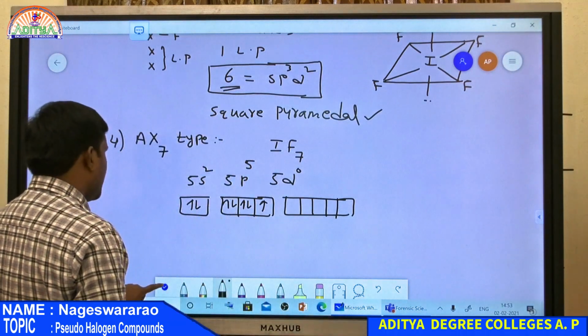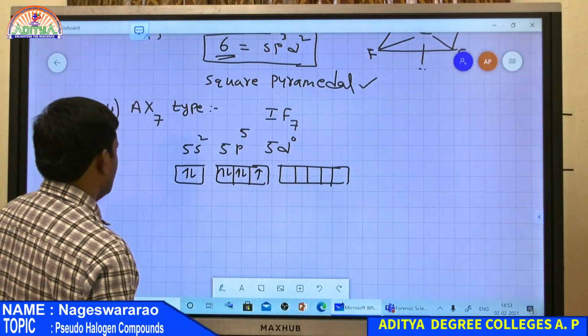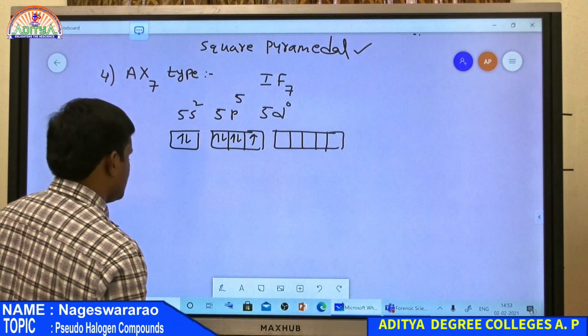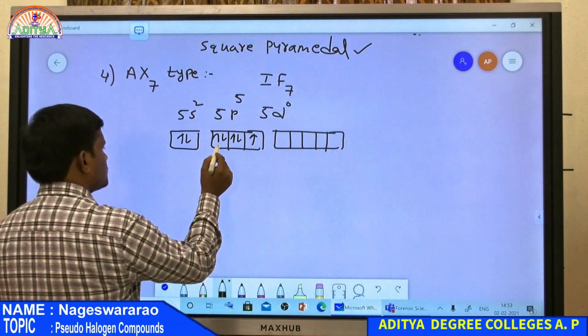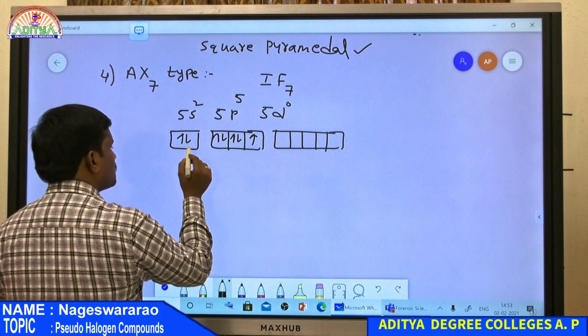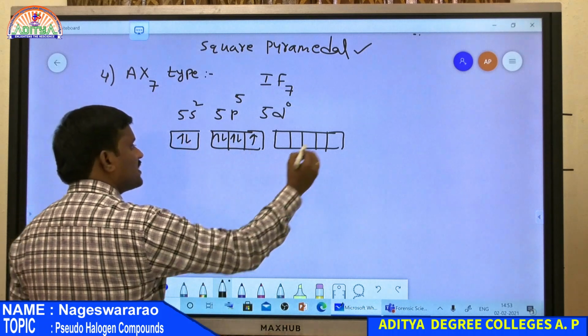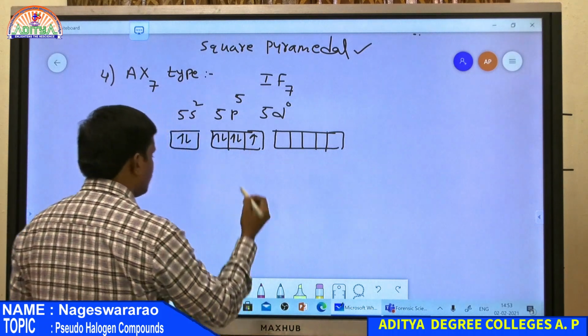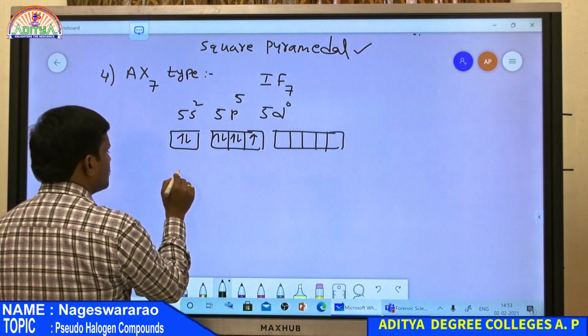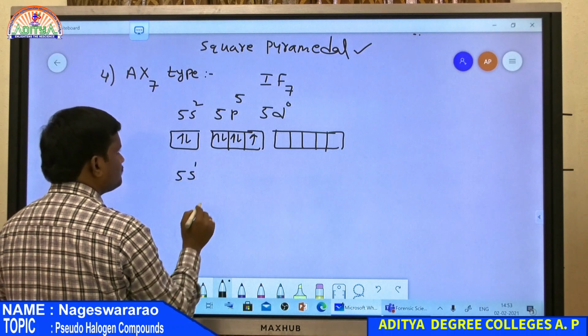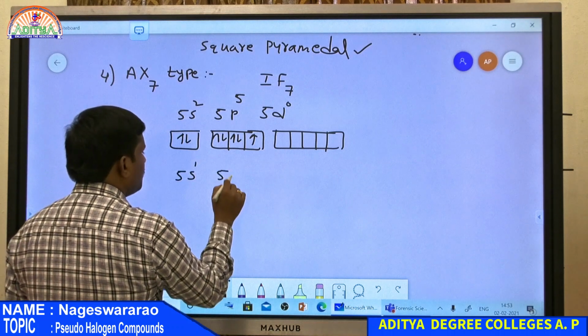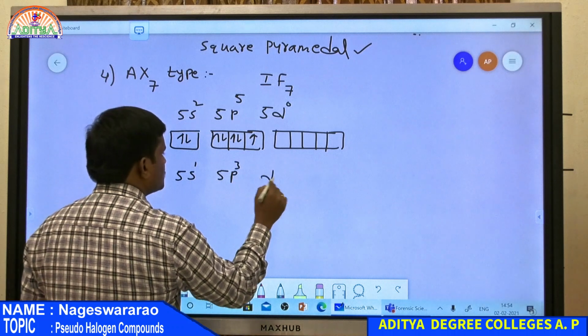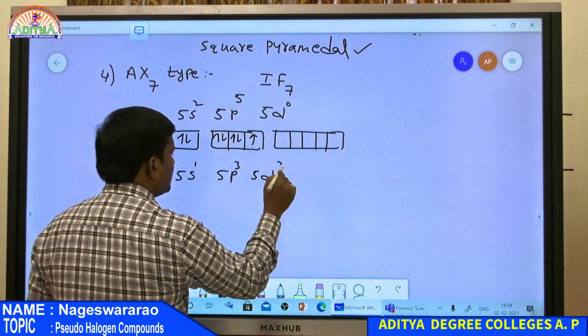Whereas in the case of the third excited state, because here there are 3 pairs of electrons, this is the first pair, second pair, third pair. Whenever all these electrons are excited to the 5d level, it becomes 5s1, 5p3 and 5d3.